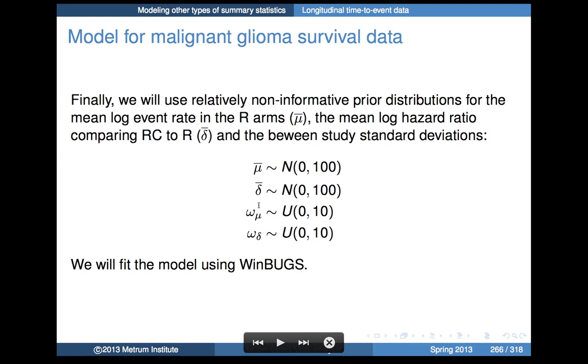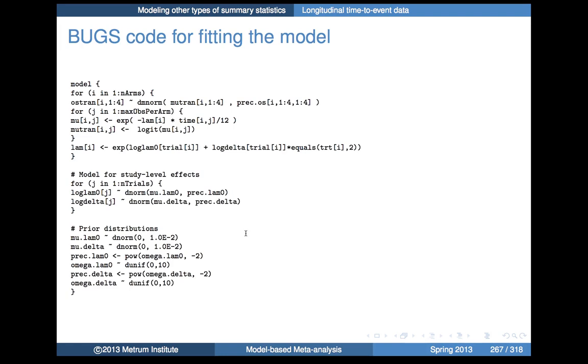And these between study standard deviations are also on the log scale. And again, we're allowing that standard deviation to go up to as much as 10, which is quite a large amount of between study variability. So these are not particularly restrictive prior distributions. So we're going to go ahead and fit this model in WinBUGS.